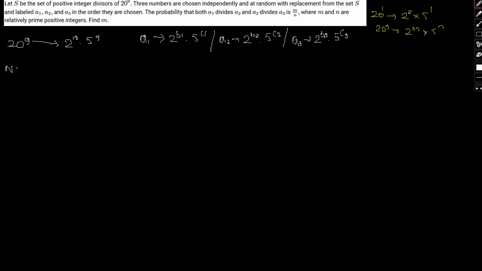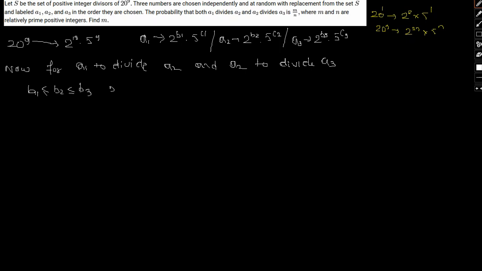Now for A1 to divide A2 and A2 to divide A3, B1 has to be less than or equal to B2, less than or equal to B3, and C1 should be less than or equal to C2, less than or equal to C3.